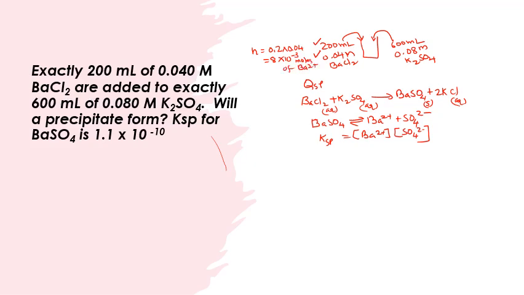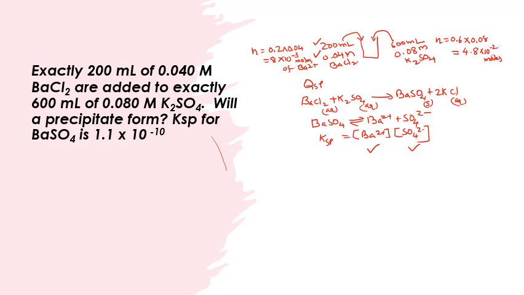Okay, so let us calculate the other one: 0.6 liters times 0.08 molarity. So the number of moles is going to be 4.8 times 10 to the power negative 2 moles. Okay, so using that value, I can calculate SO4 2- ions.